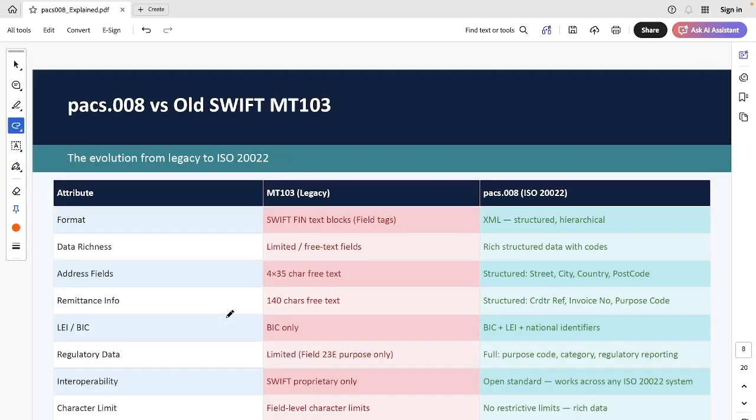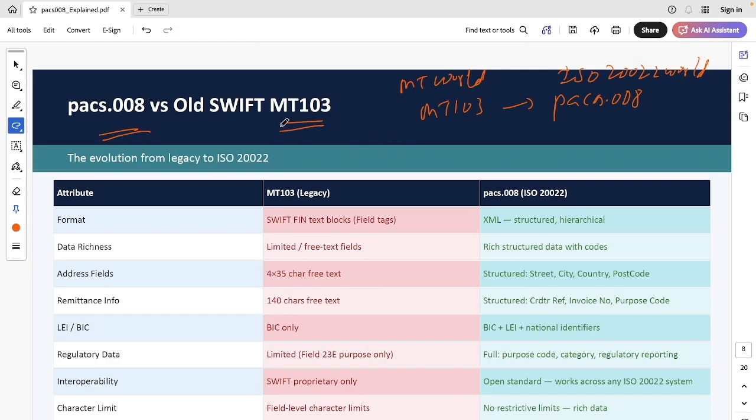Now let's compare pacs.008 with Swift MT103. This is very important because many people understand MT103 very well, but they get confused when banks talk about ISO 20022 and pacs.008. So in the MT world, MT103 is the equivalent of pacs.008 in the ISO 20022 world.